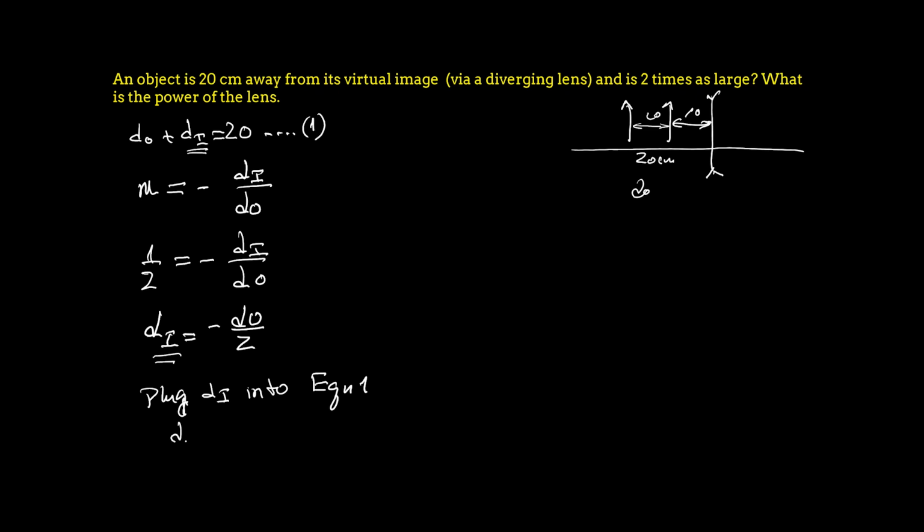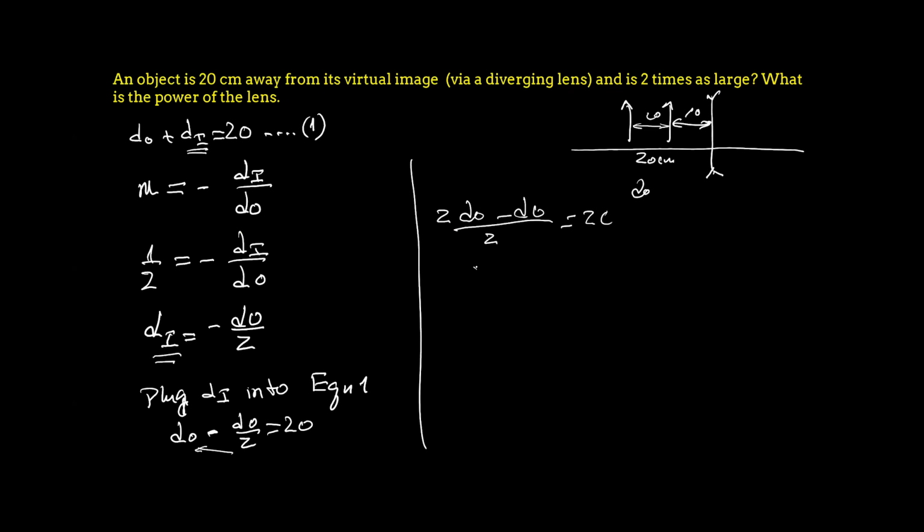So I have dO minus dO over 2 is 20. dO minus dO over 2, again, 2 times dO minus dO, so 2dO minus dO over 2 equals 20. That means dO over 2 is 20, and dO equals 40 centimeters. I got dO to be 40.